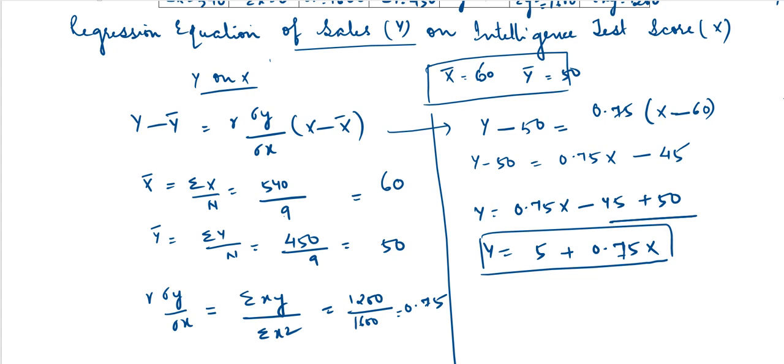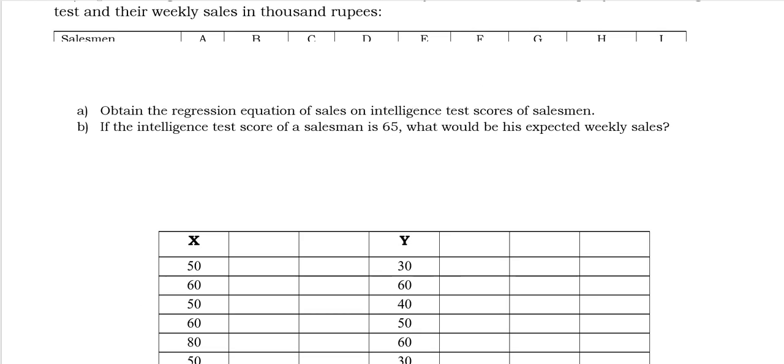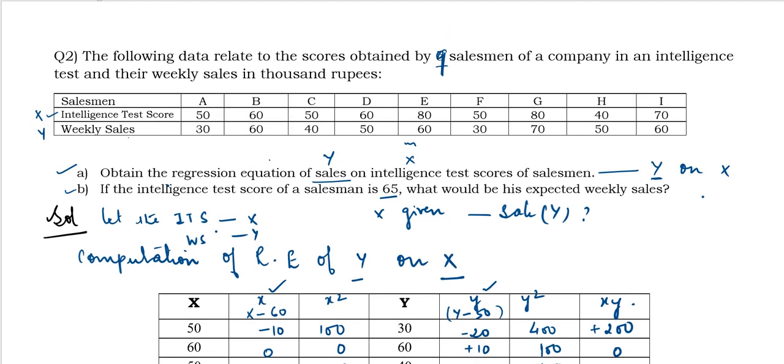Okay, so now what you have to find out is the second question. Second question, if the intelligence test score is 65, what would be the expected weekly sales of the salesman. ठीक है, so we will write down the expected weekly sales, if the intelligence test score is 65. Let us find out.